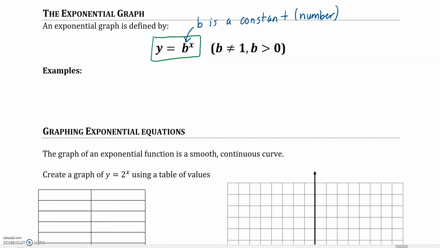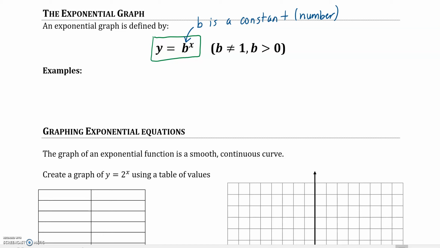So we have b is the base of our exponential equation, and x is our exponent, which is a variable. There are restrictions on b: b cannot be equal to 1, and it must be greater than 0. So it can be larger than 1, but can never equal 1 and can never be negative. We'll see the reason for that as we explore these functions.